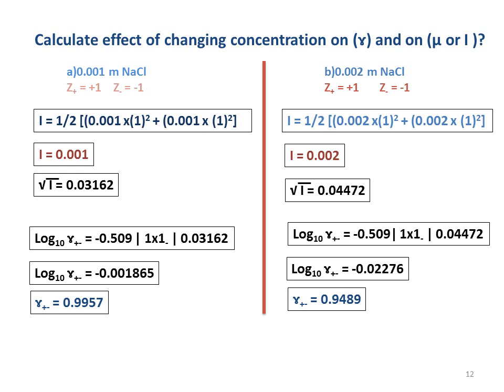If we take the square root, it comes out that the value of square root of I is 0.03162.